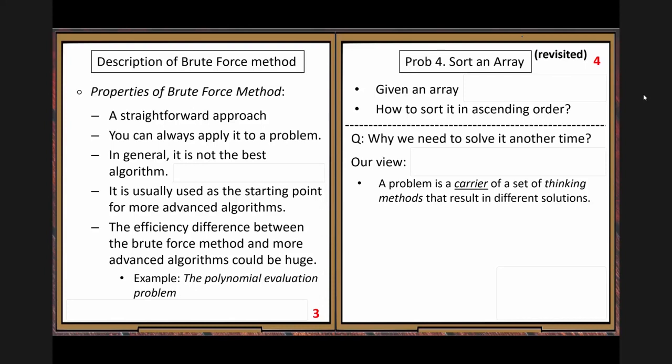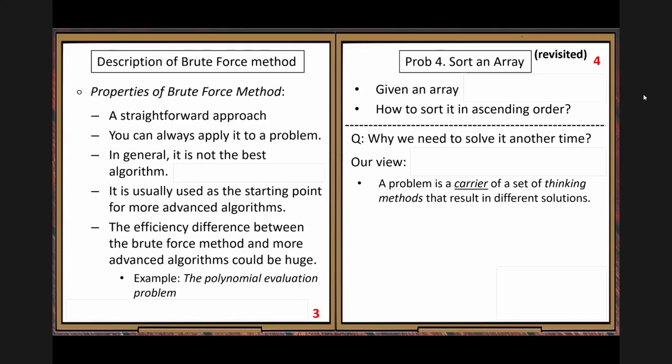So we can treat this problem as a placeholder or carrier. It carries several different solutions. Each solution has some special way of thinking.